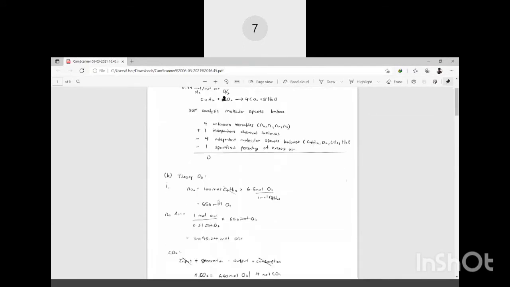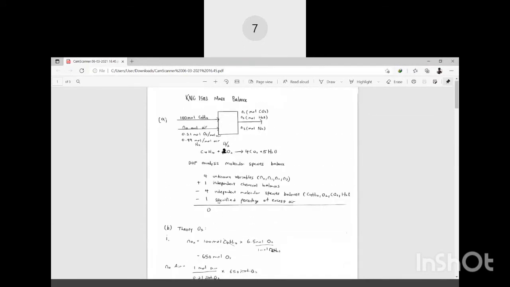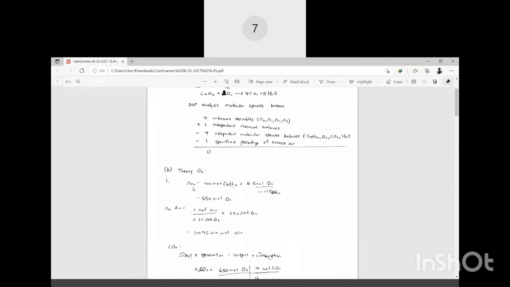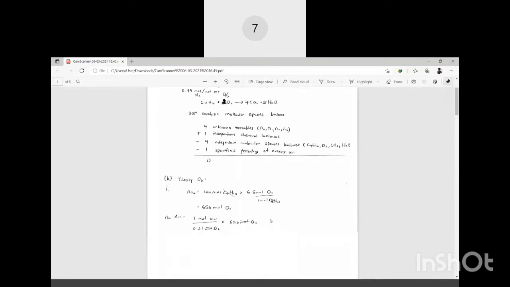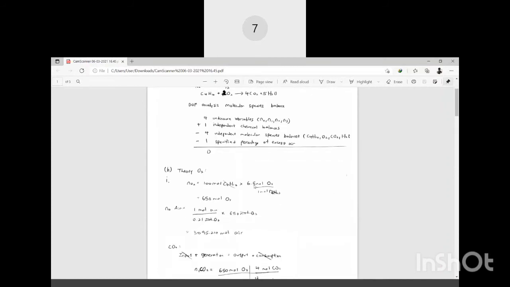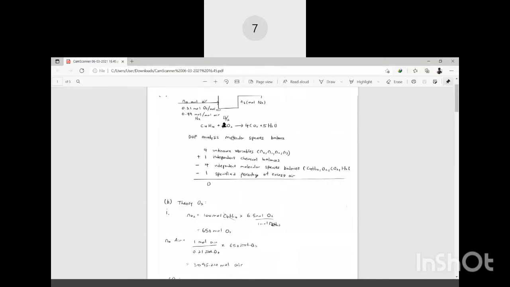Okay, so here I'm going to find the mole of oxygen theoretically from 100 mole of C4H10. You can use the ratio 6.5 from the chemical balance to 1 mole C4H10 here.